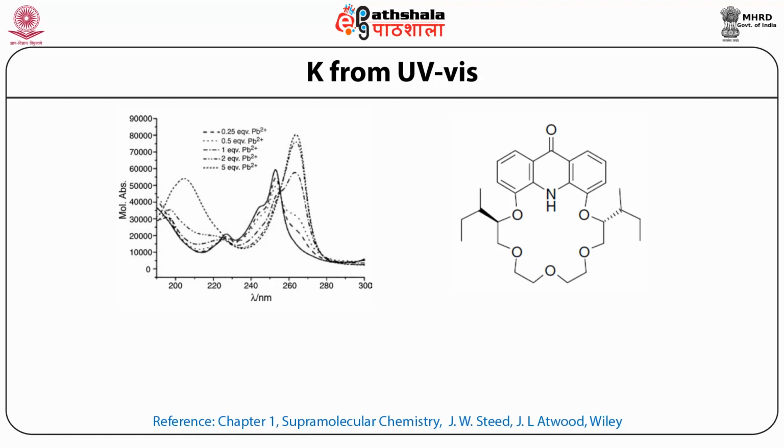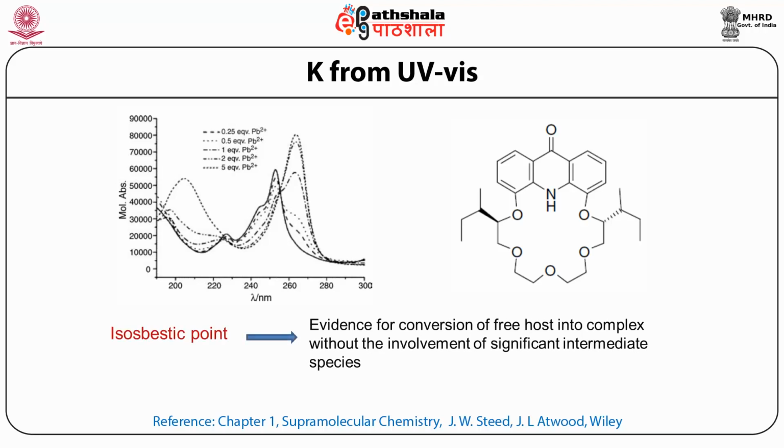However, one interesting point you can notice is that there is an isosbestic point at around 255 nanometers. So that is direct evidence that the free host and the complex are directly in equilibrium without involving any other intermediate species. From this titration, once we get the absorption values and plot and fit them with the SpecFit program, we can actually get a very accurate binding constant with stoichiometry.